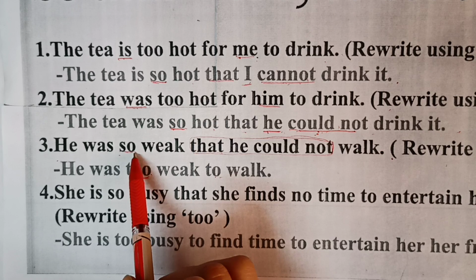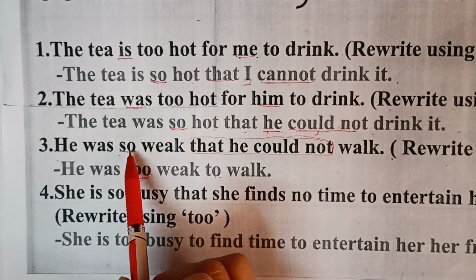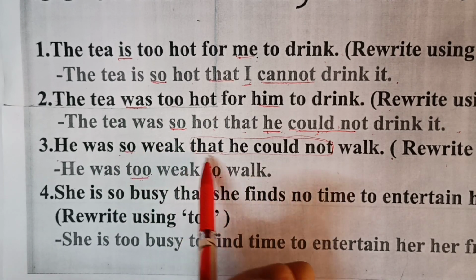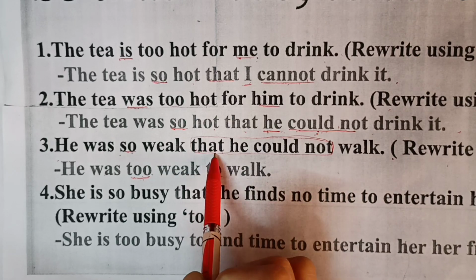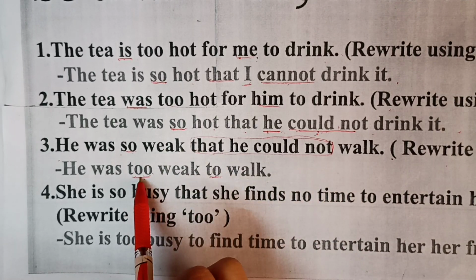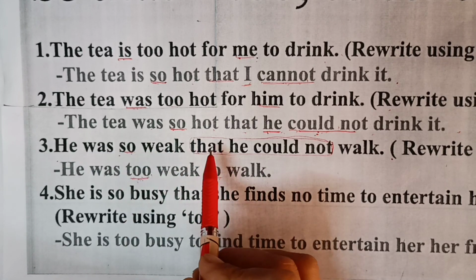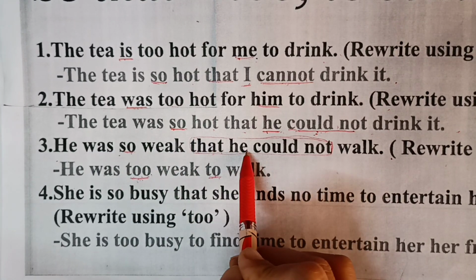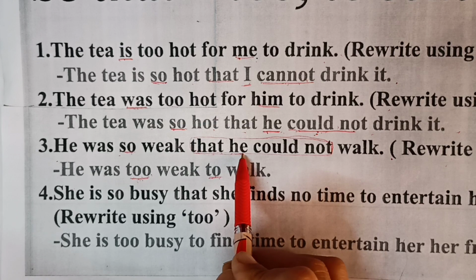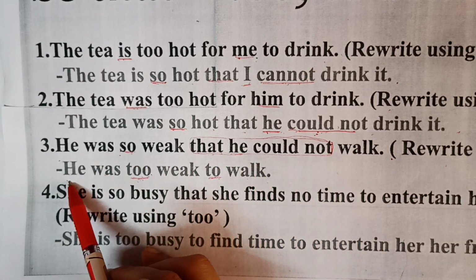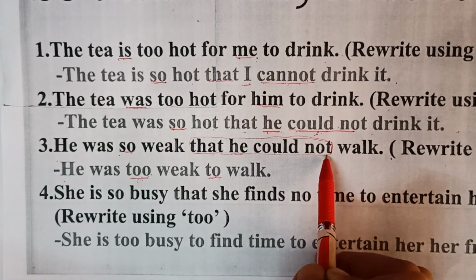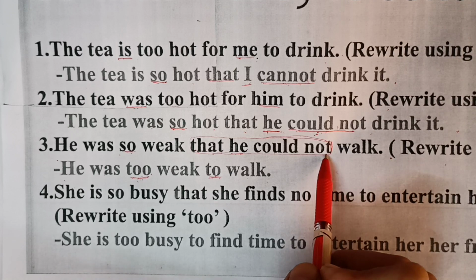You rewrite the statement. Instead of too we write so, and instead of to we write that. So we replace too with so and to with that, and then comes the noun or the pronoun according to the statement, and then could not or cannot according to the tense of the statement.